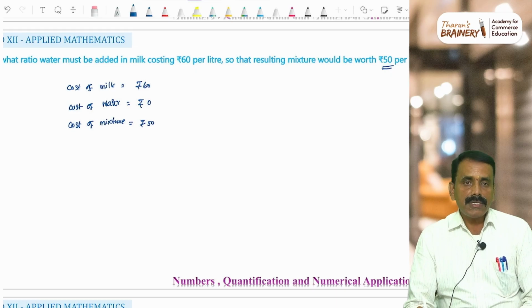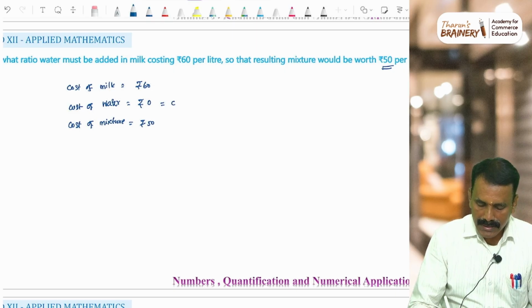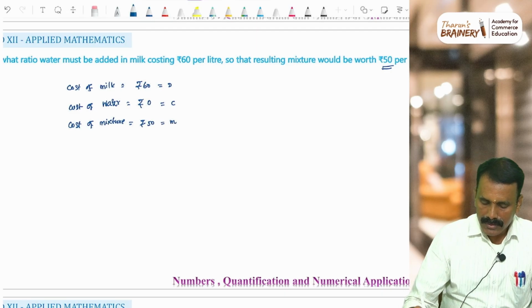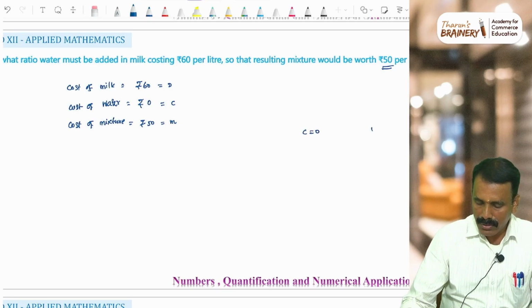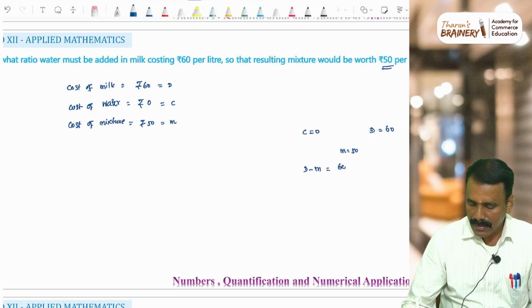Now what is C, what is D, and what is M? Lower cost will be taken as C, higher cost will be taken as D, and the mean value, the mixture value, will be taken as M. So C is 0, D is 60, M is 50. So we calculate D minus M: 60 minus 50 is equal to 10.